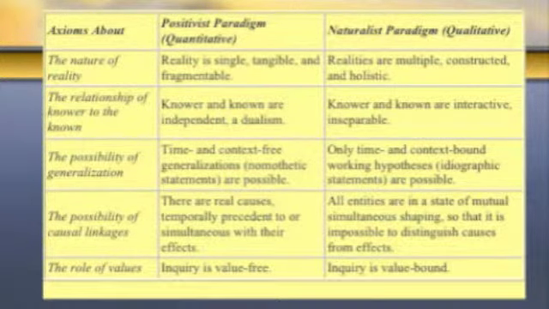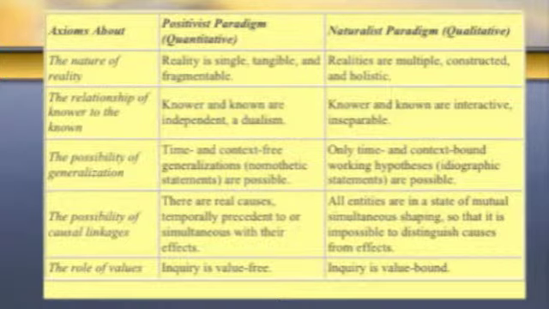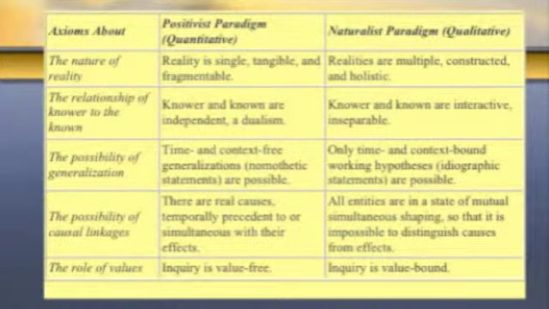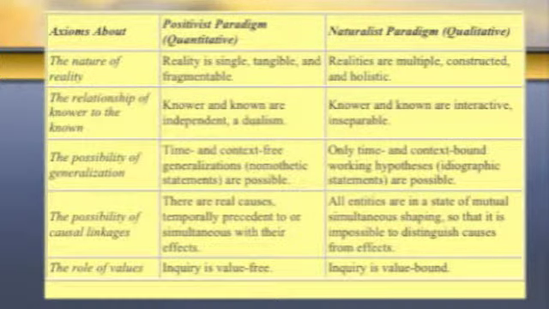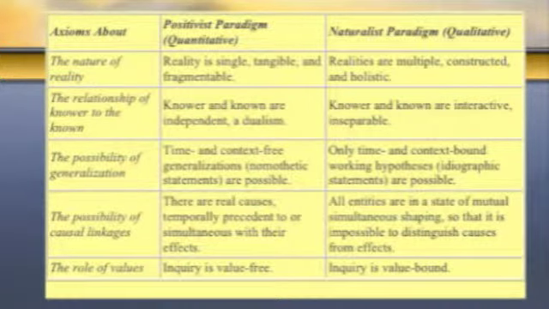It's very circular. So there are those differences. Quantitative is very value free, whereas in qualitative, the inquiry can be value bound based on what beliefs are, and you can actually choose people based on that to be in your study.